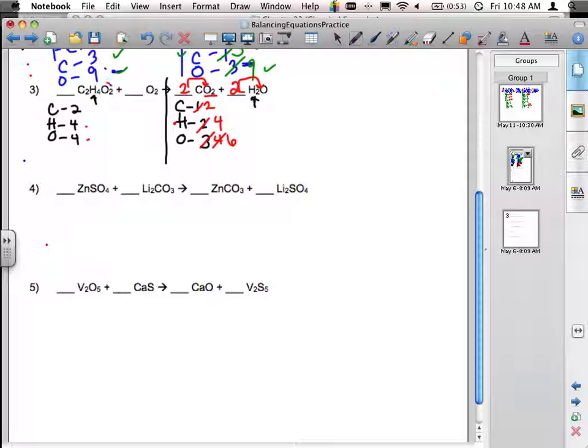I have 2 here, and if I put a coefficient in front, I'm going to be changing everything again. So I'm going to see if I can work with this. I need something minus 2 to give me my 6. So if I put a 2 here, 2 times 2 is 4, plus 2 is my 6. How do we do? Good. Okay, try number 4.